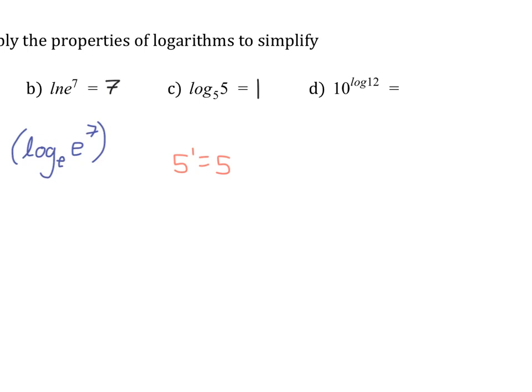Remember that common log, so maybe I'm going to rewrite it like this: 10 to the power of, a common log has a base 10. So you can see here I have a log base 10 plugged into an exponential function with a base of 10. So an inverse plugged into its inverse. And so these will all cancel out, and it should simplify to simply 12.